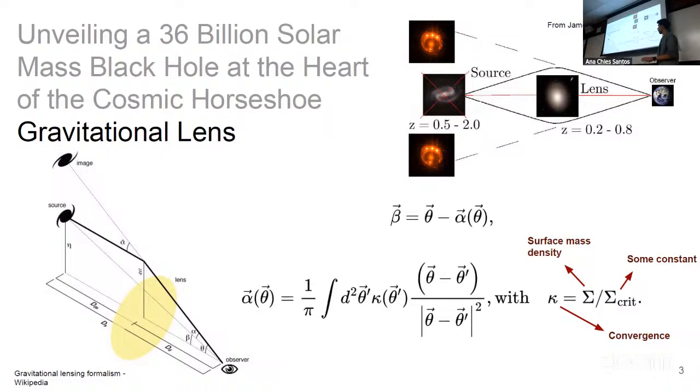And the important thing about this equation is this kappa quantity, which is the surface density profile. Actually, this is called convergence, but the convergence is just the surface mass density normalized by some constant. So the important thing to keep in mind for the rest of the talk is that the deflection angle depends basically on the mass distribution of the lens galaxy and the positions at which we are observing the deflected source.